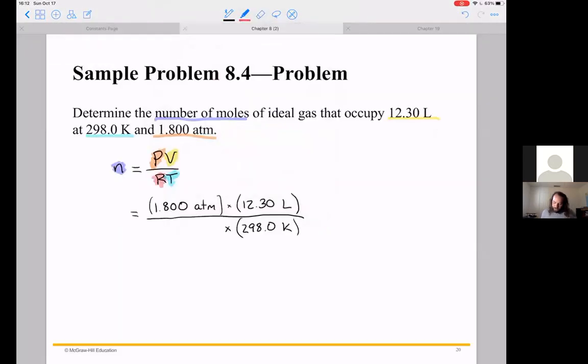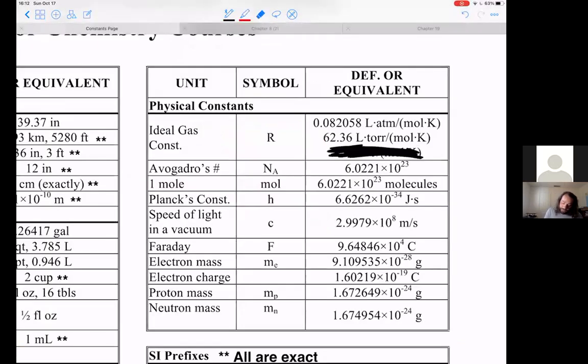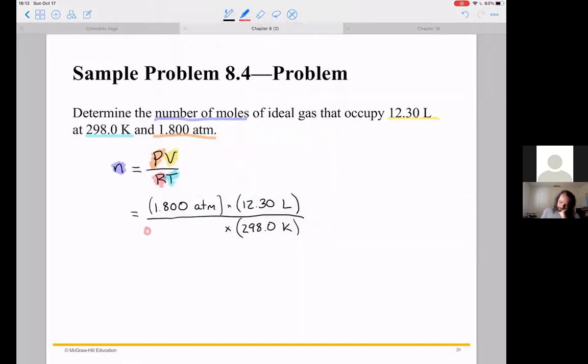Okay, so again, looking at the problem, the pressure is given in atm. So that means I'm going to need to use this value here, which has the pressure units in atm. And I'm putting these in parentheses all the time to get you guys in the habit of doing that when you punch it into your calculator, because that's a really easy mistake to make.